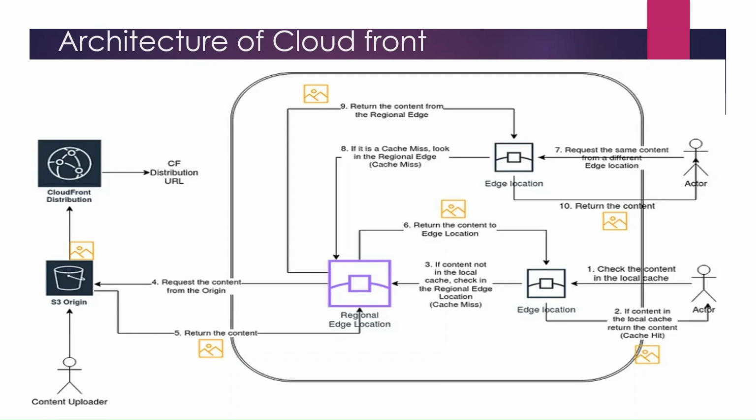Once the content is retrieved, it's cached at a different level, like the edge or regional edge location, for future requests. So this will speed up the content delivery for other users.